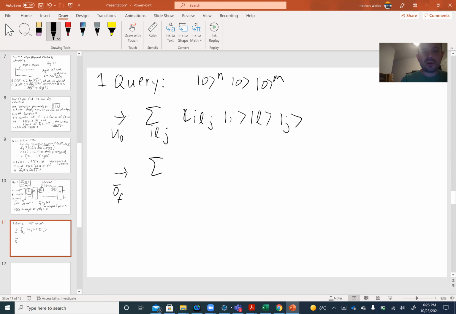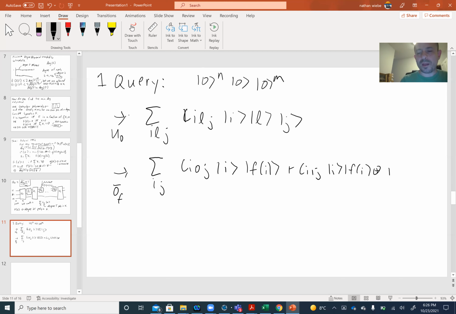Now we're going to apply our black box oracle to this. This will give us sum over i and j of c_{i0j} |i>|f(i)> plus c_{i1j} |i>|f(i) exclusive or 1>, all tensored with |j> over here.